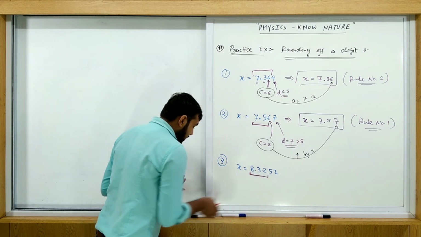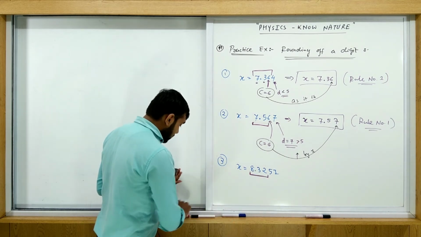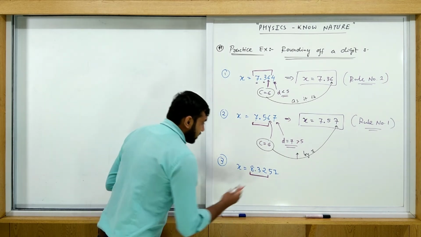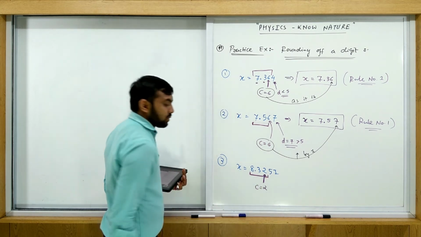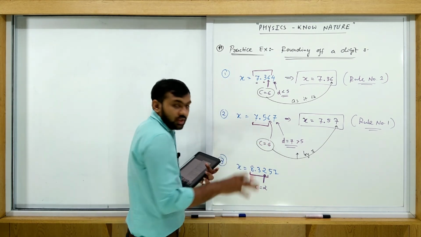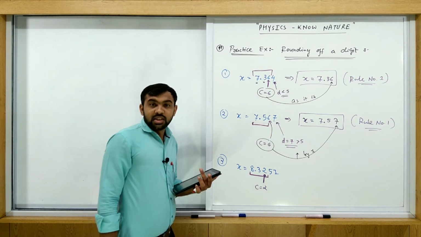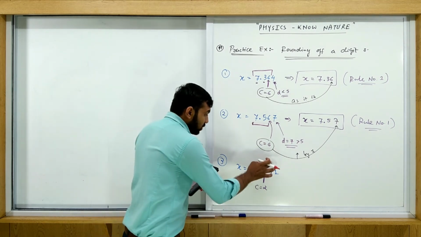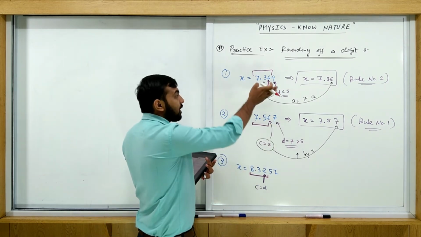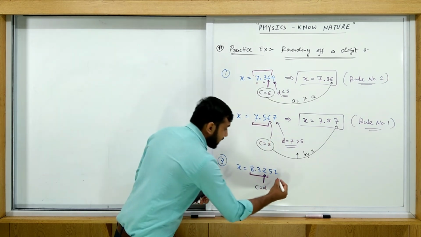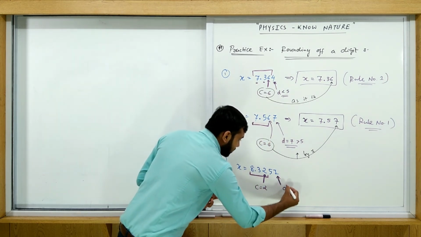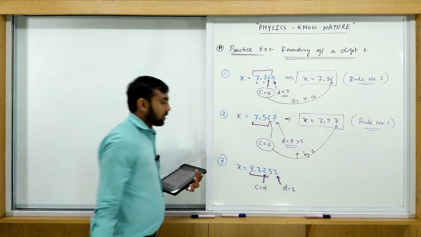So what is C here? C is equal to 2, but 5 is present, so rule number 2 comes in. In this rule, 5 is present: not greater than 5, not less than 5, exactly 5. Then the following digit is D for us. So D is equal to 1.